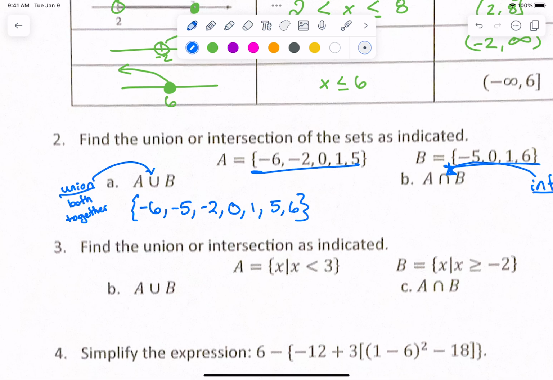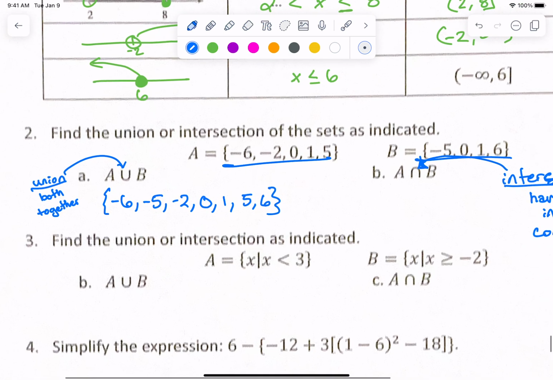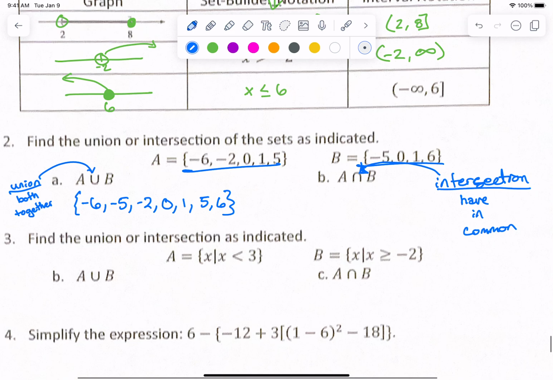Was that too fast? Union is listing all of them together. The intersection is what they have in common. There's only 2 numbers that they have in common: 0 and 1. That's where they intersect. That's where they overlap.